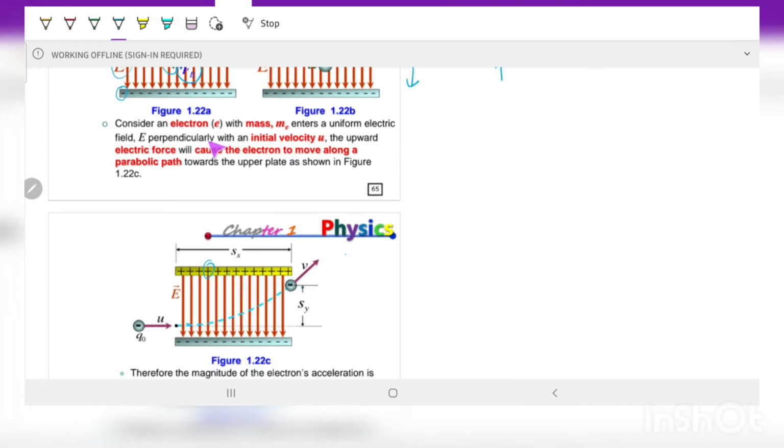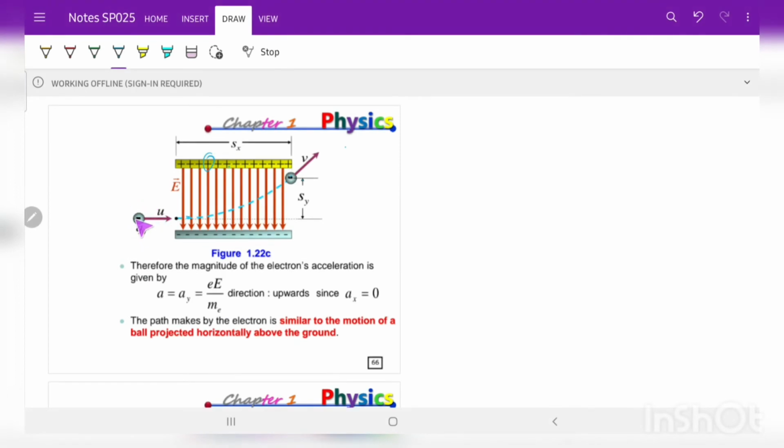Consider an electron e with a mass me in a uniform electric field, entering perpendicularly with an initial velocity u. The upward electric force will cause the electron to move along a parabolic path. Ya, ini namanya parabolic path toward the upper plate as shown. Here is electron. It has initial horizontal velocity, meaning that u here is ux.